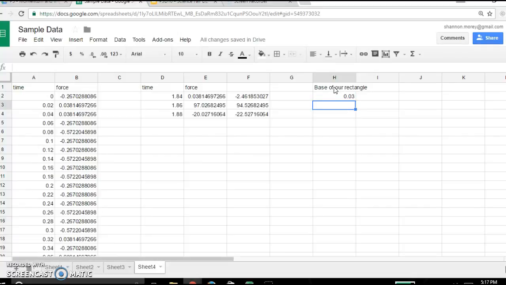All right, so our impulse took place over 0.03 seconds, right? And then the height of our rectangle is 97, right? So 97 newtons was exerted over those 0.03 seconds, all right? So base of our rectangle and then height of our rectangle.